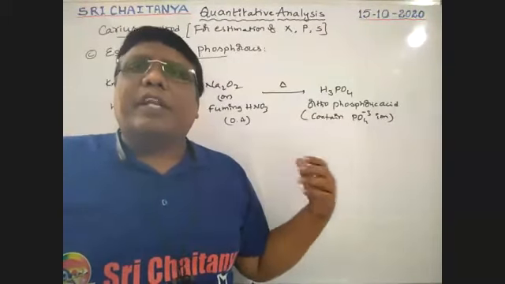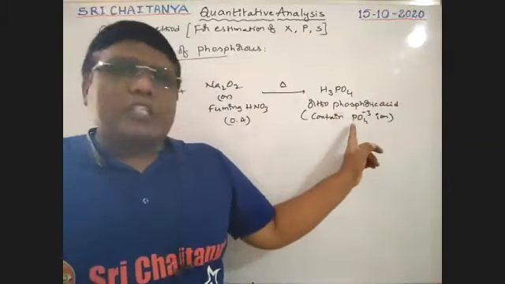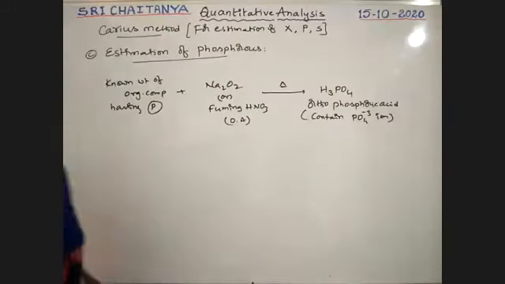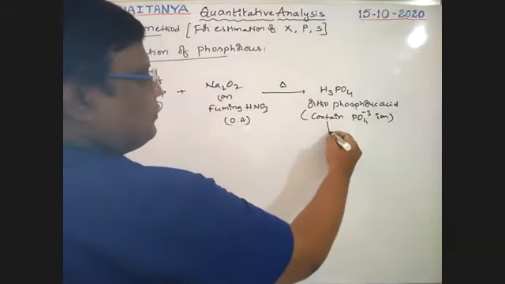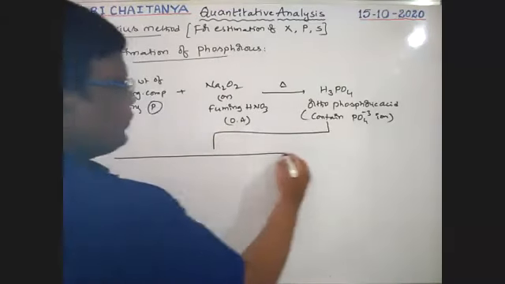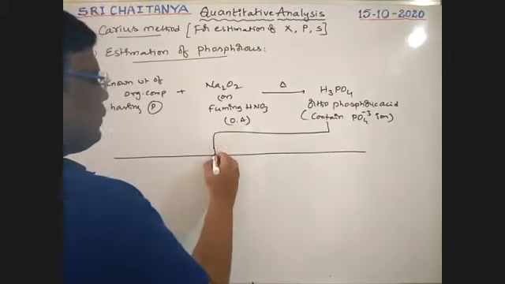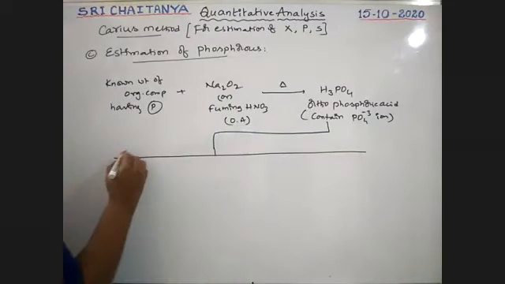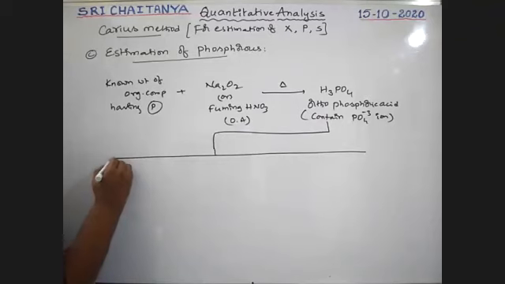So the formed phosphate ion is going to be precipitated in two ways. What is the first method?